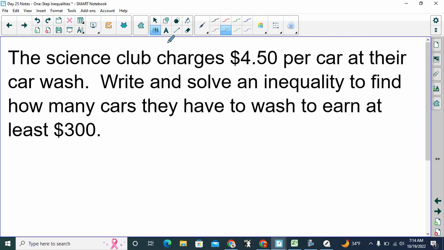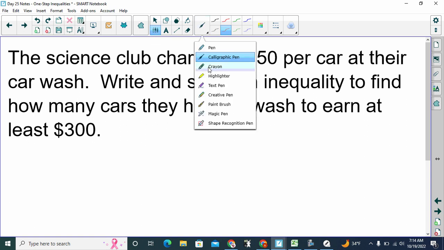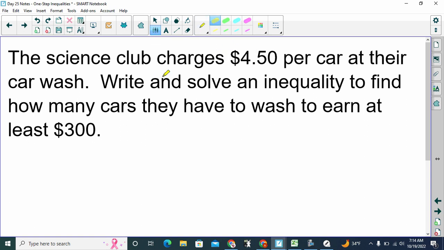Last problem. It says a science club charges $4.50 per car at their car wash. So again, highlight the important parts, $4.50 per car. Write and solve an inequality to find how many cars they have to wash to earn at least $300.